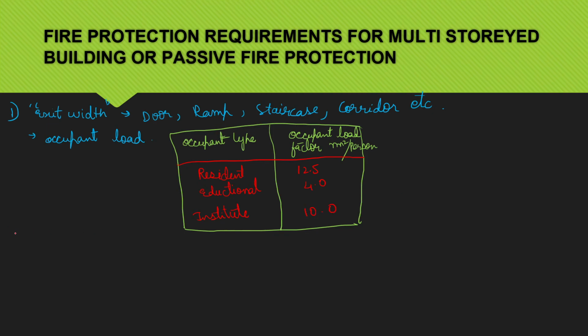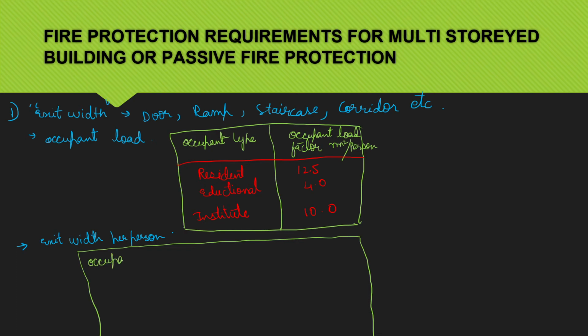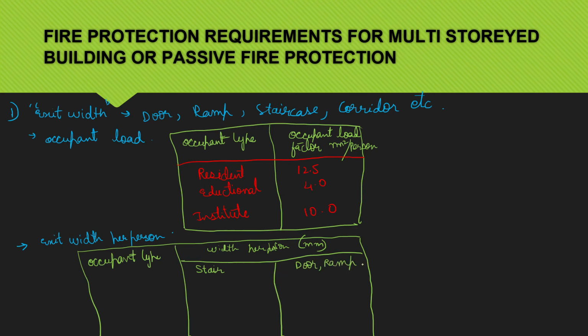Next step is calculating exit width per person. Sorry for the drawing. Occupancy type, occupant type, width per person in mm. For staircase we have one width, and for doors, ramps, corridors, we have another width.